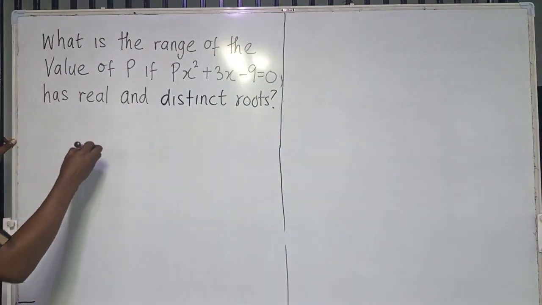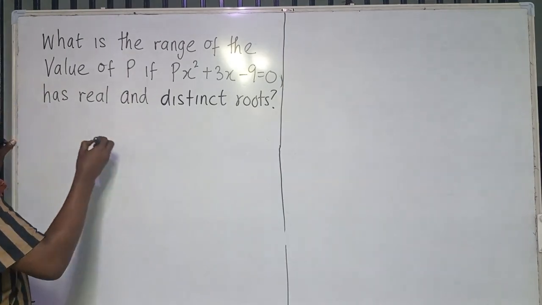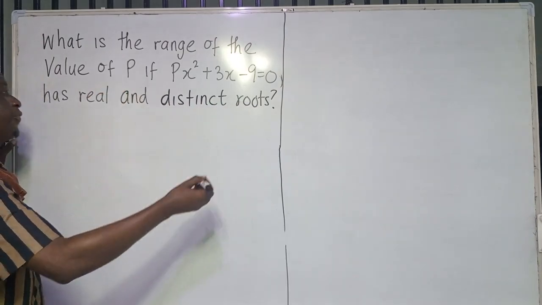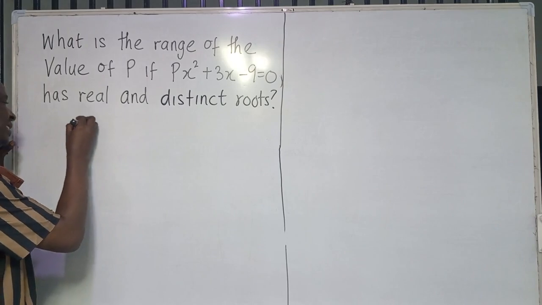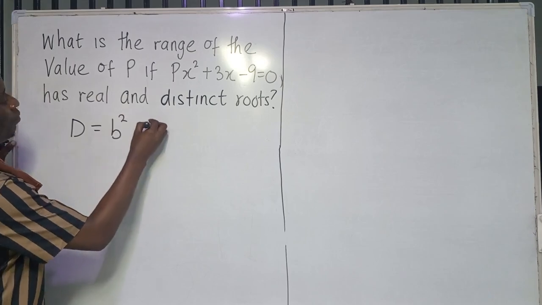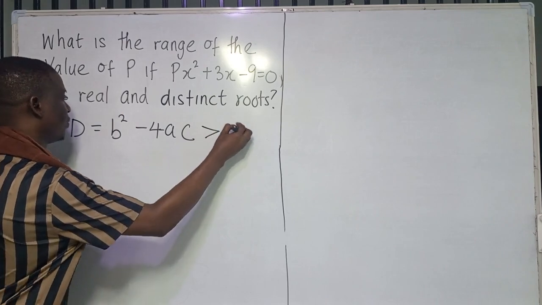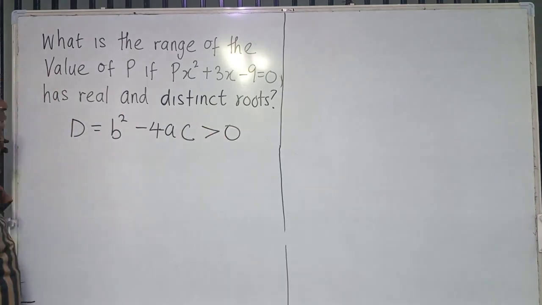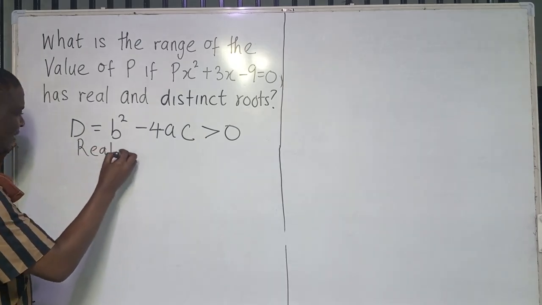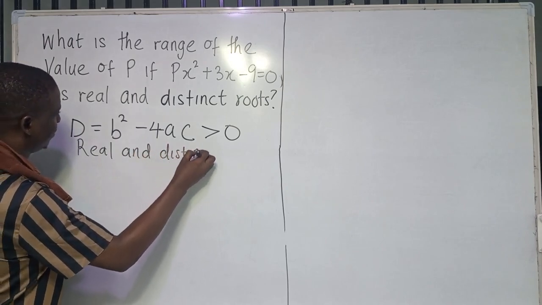For you to have real and distinct, unique, or different roots, it means the discriminant, b squared minus 4ac, will be greater than 0.